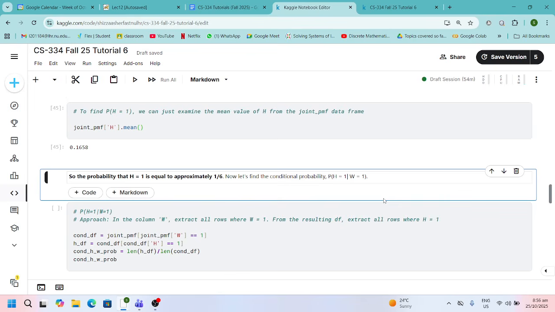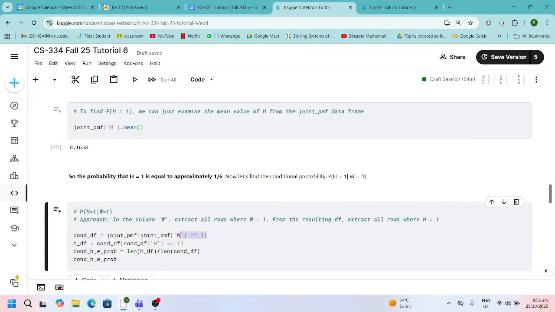Now you want to find the conditional probability. What is the probability of heart disease in people that happen to be overweight? Probability heart disease equals 1 given that W is 1. So this is also very simple in code. I can just write one simple query and filter out all the rows where W equals 1.